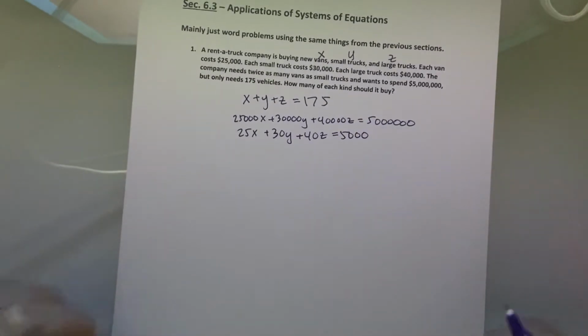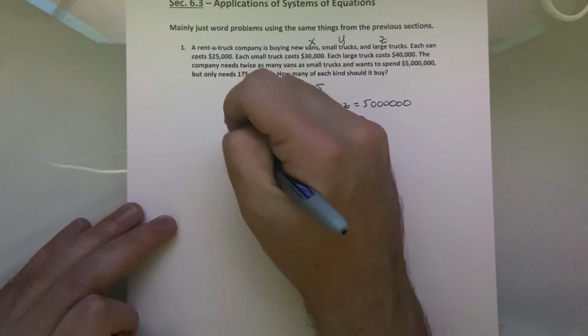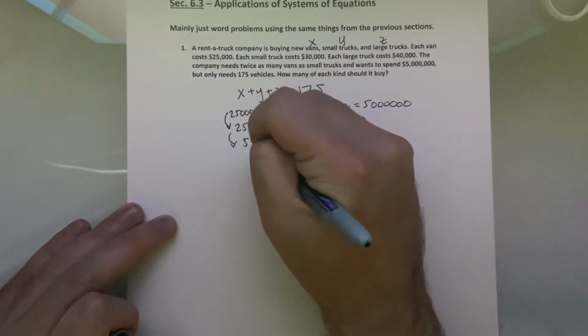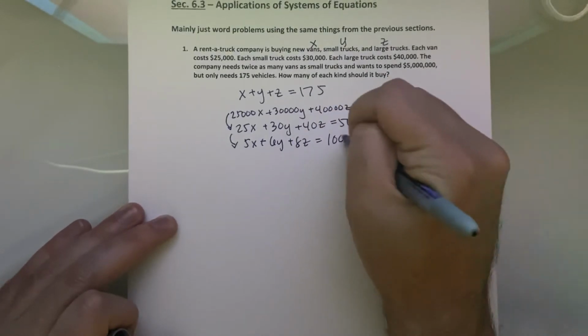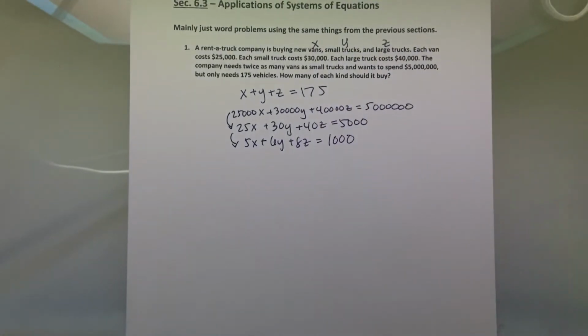But furthermore, I can divide all of those by 5: 5x plus 6y plus 8z equals 1,000. Much easier to work with.